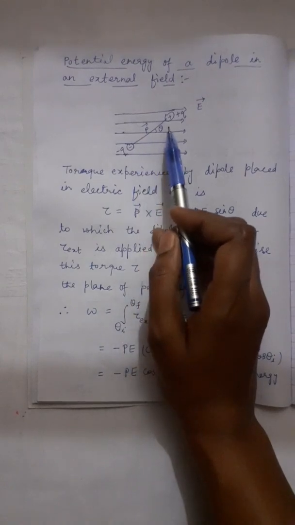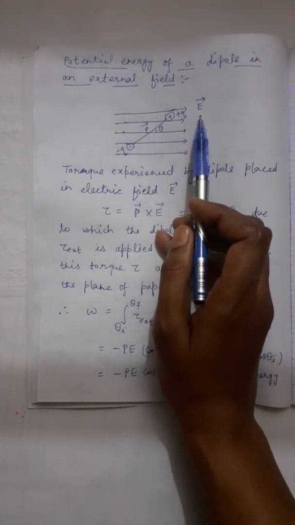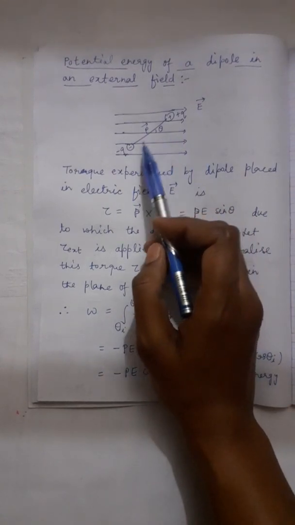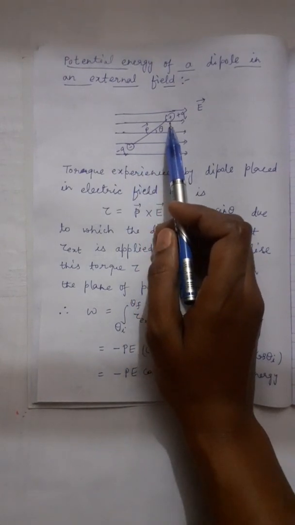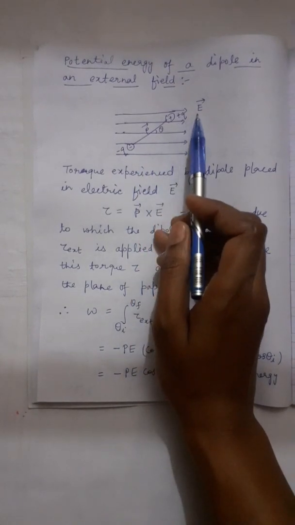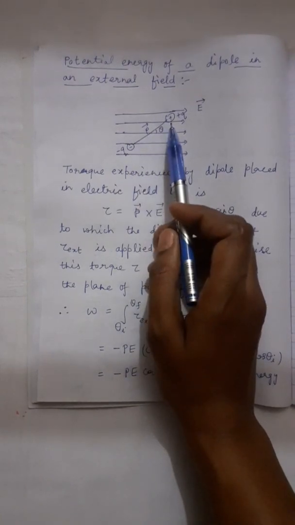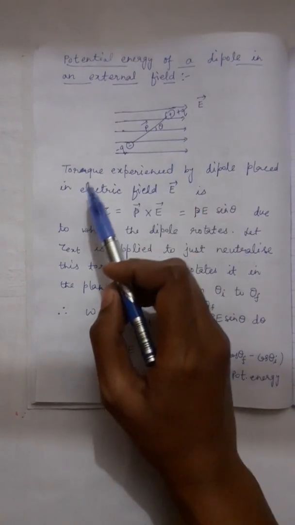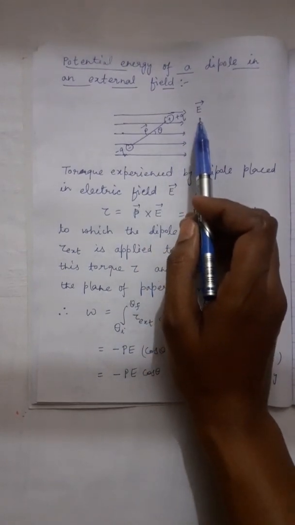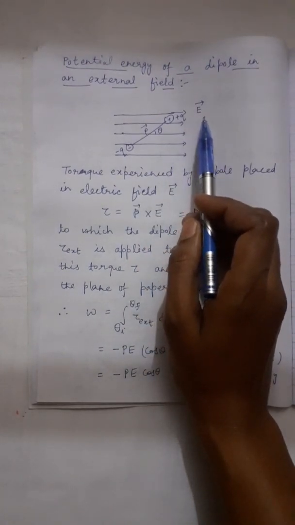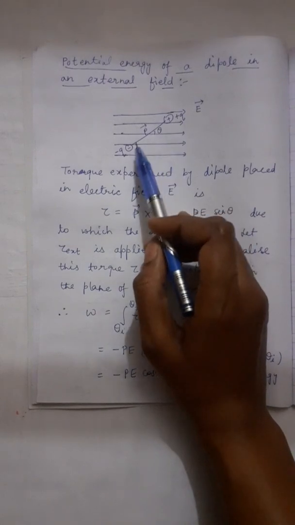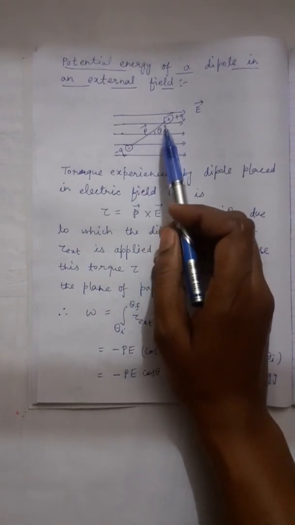Now when this dipole is placed in the electric field, this electric field will turn this electric dipole into its direction. So this dipole will start to rotate, and due to this electric field, this dipole will experience a torque.